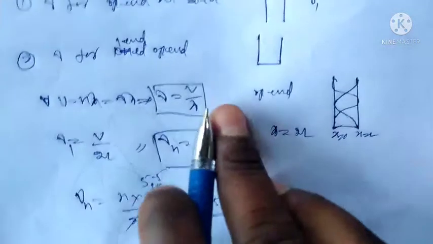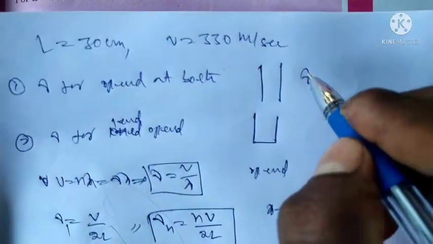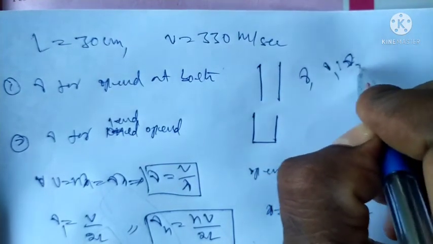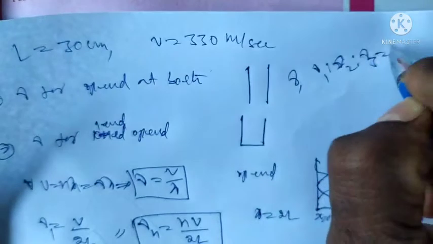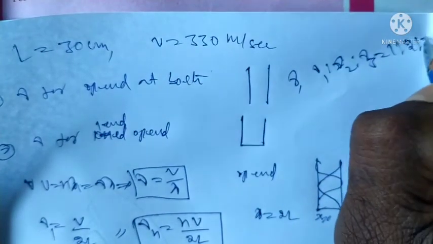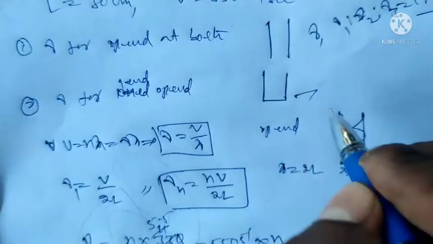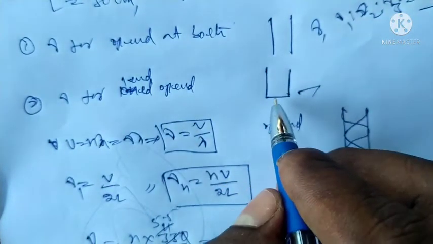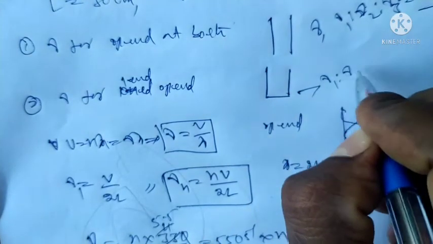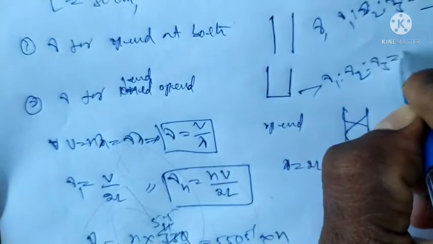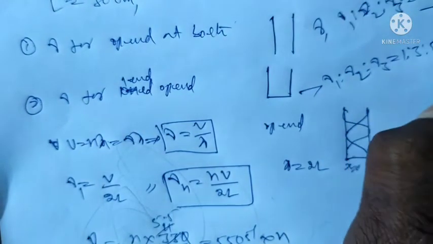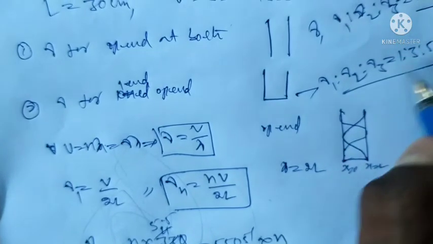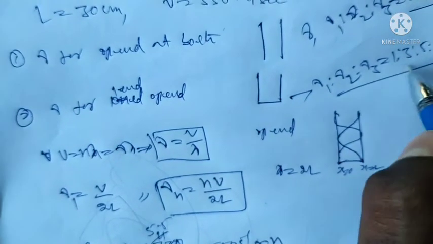In the case of both ends open, the ratio of the frequencies nu 1, nu 2, nu 3 is 1:2:3, like this, the natural numbers. Suppose in the case of a closed organ pipe, one end is open and the other is closed, the ratio of the frequencies nu 1, nu 2, nu 3 is 1:3:5:7, like this. This is the ratio of the odd numbers.